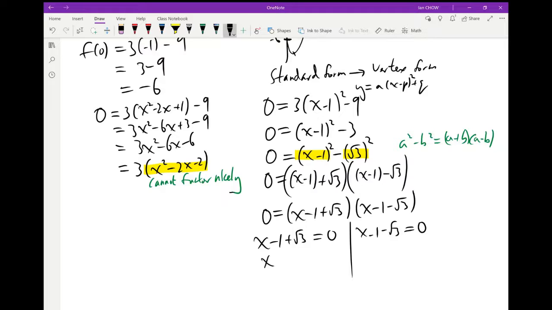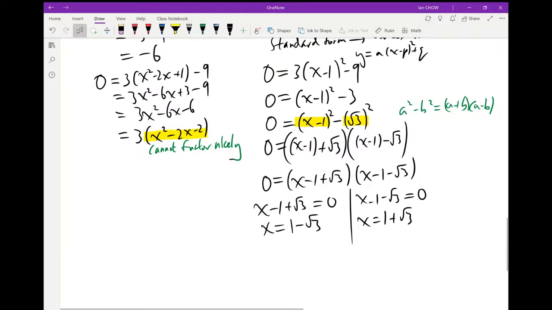And so x is equal to 1 minus root 3 on this side, and then x is equal to 1 plus root 3 on this side. And so our two intercepts are x equals 1 minus root 3 or 1 plus root 3. These are our two answers, our x-intercepts.